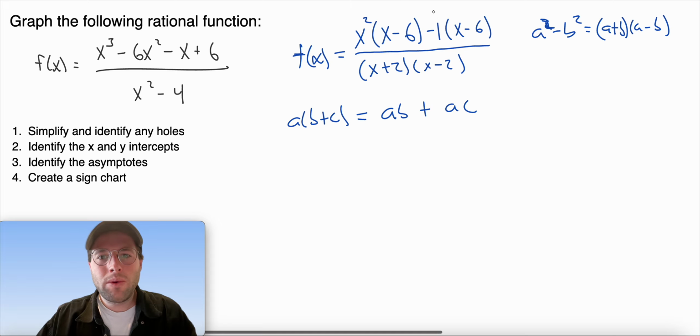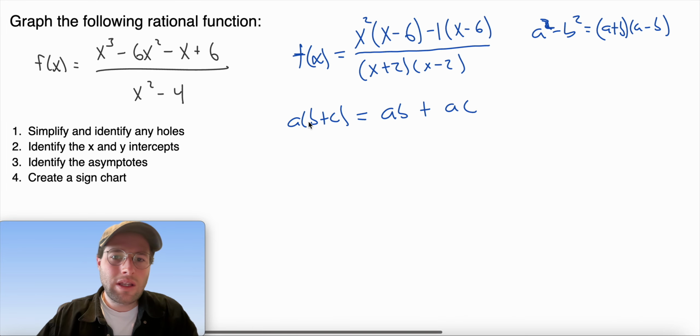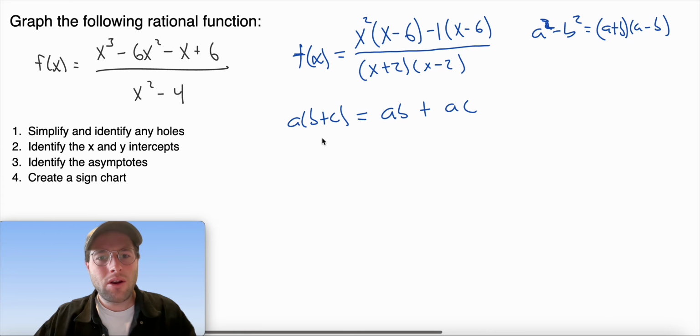And what we are starting with here in the numerator would be something like the right hand side of this equation, where we have an a times b plus a times c, where in our case our a would be the x minus 6, which shows up here and here, and then our b would be the x squared, and our c would be the negative 1. And so we're going to go from this part to the left side here.